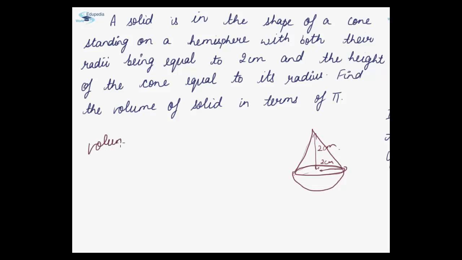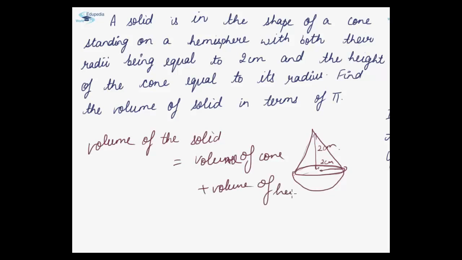Friends, volume of this solid will be volume of cone plus volume of hemisphere. Now volume of cone is 1 by 3 pi r square h, whereas volume of hemisphere is 2 by 3 pi r cube.